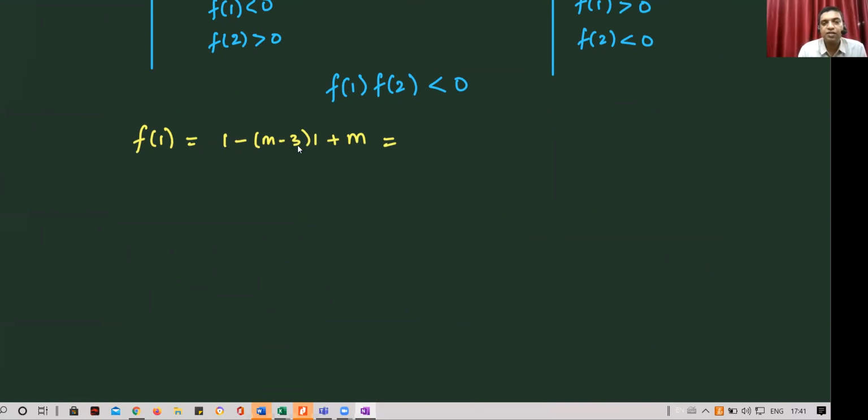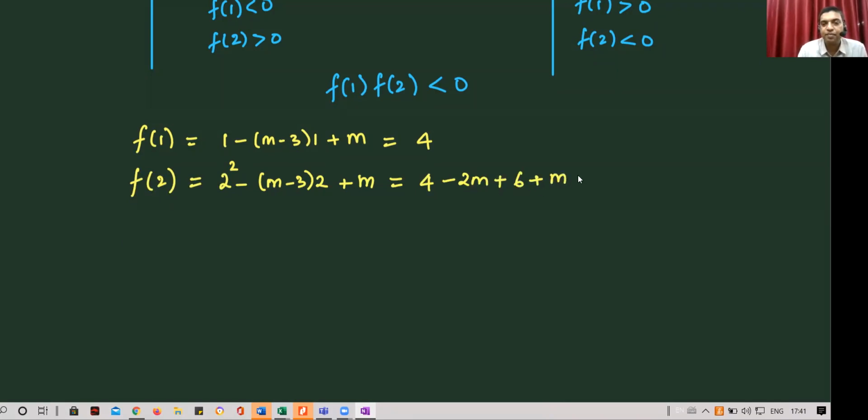You get 1 plus 3 is 4. Next, f of 2 is 2 square minus (m minus 3) times 2 plus m, which is 4 minus 2m plus 6 plus m, which is 10 minus m.